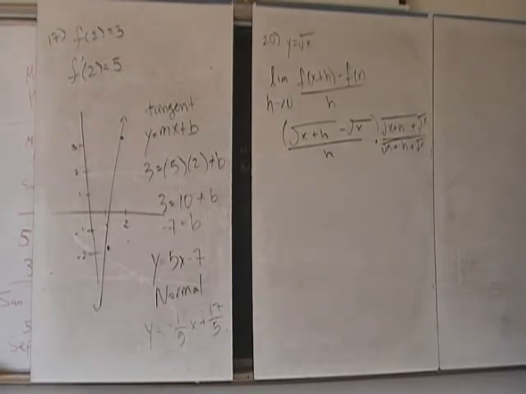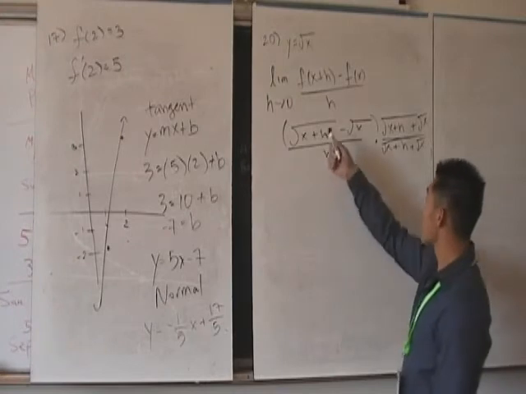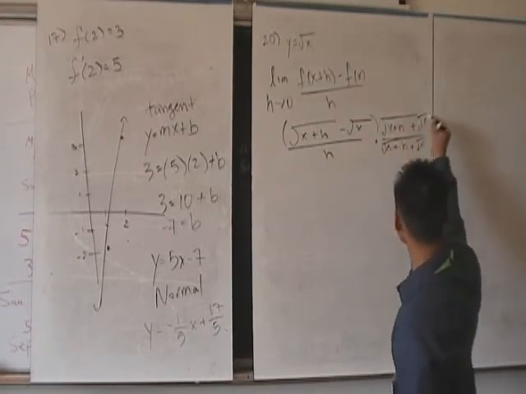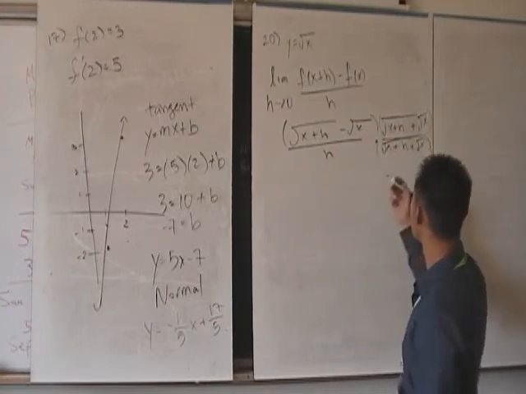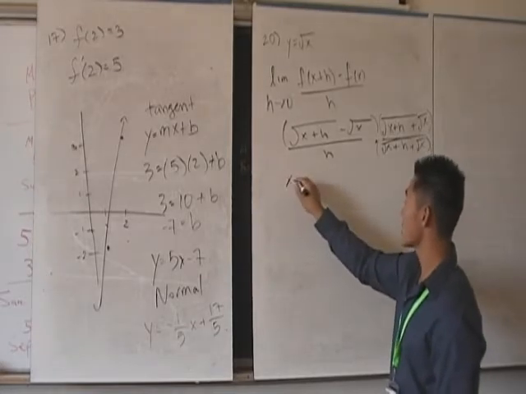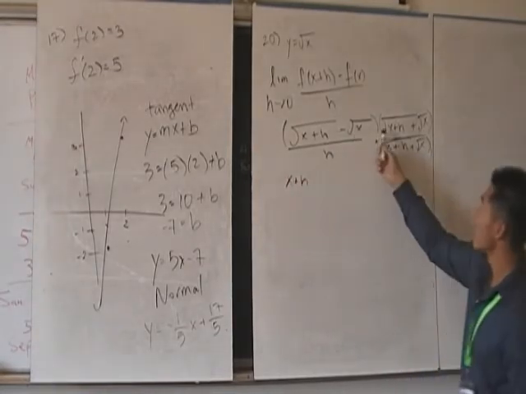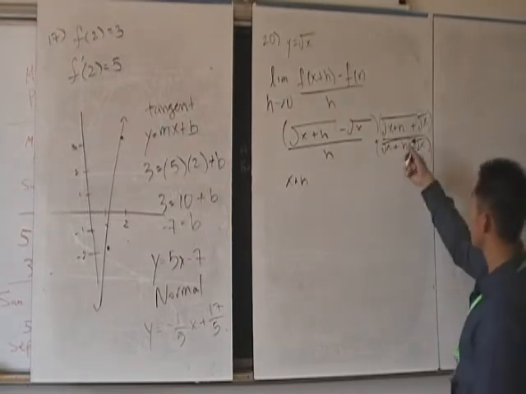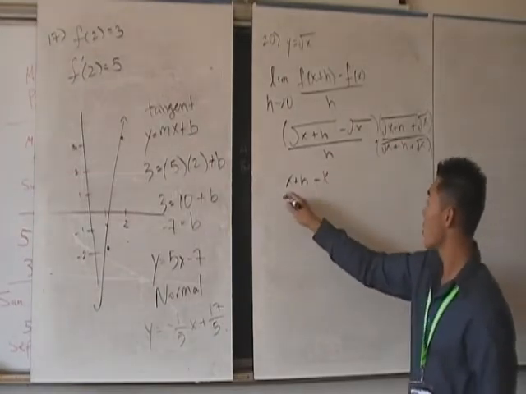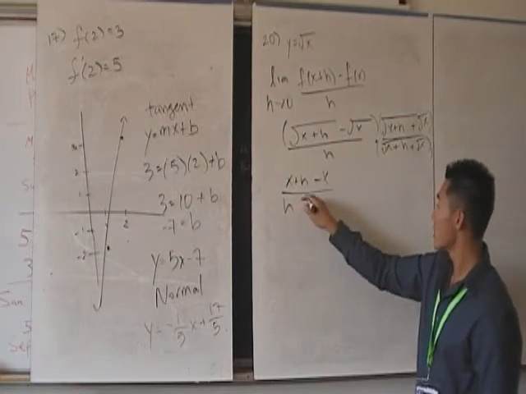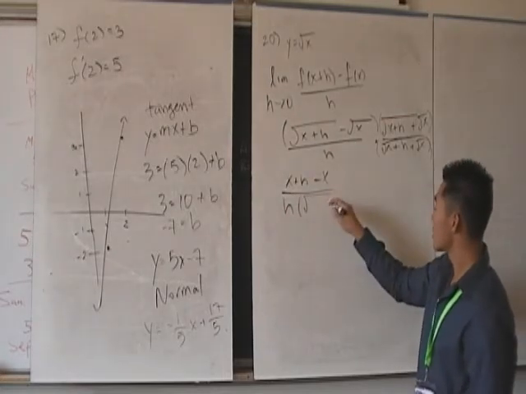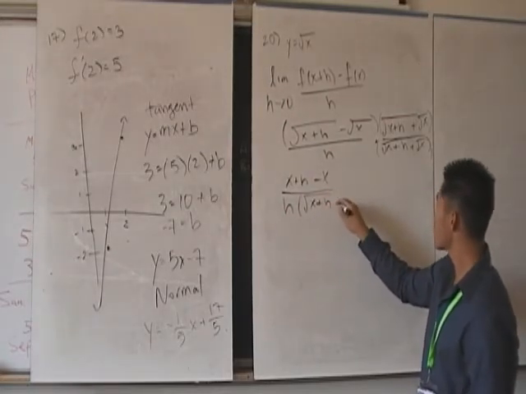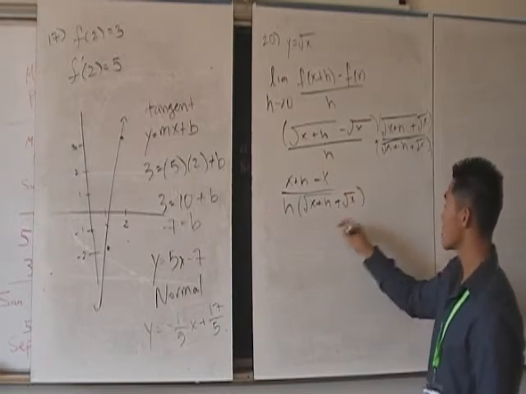Okay. Questions so far? So it's kind of like that last chapter. You just plug it in. Okay, we're going to FOIL this right here. So we got x plus h. This time, when you multiply the outside and the inside, those will cancel out. And then we just have minus x over h times x plus h plus the square root of x.